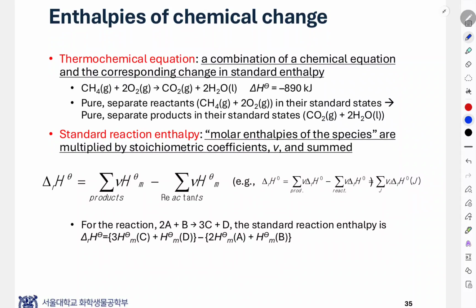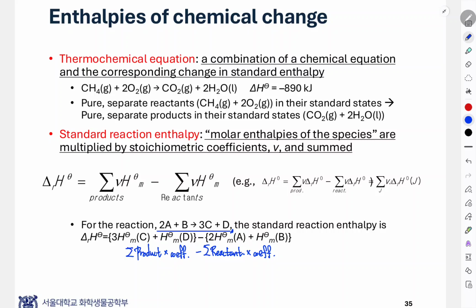For example, let's see the reaction 2A plus B becomes 3C plus D. A and B are reactants and C and D are products. 2 moles of A react with B, and they are converted into 3 moles of C and D. The standard reaction enthalpy then becomes like here.